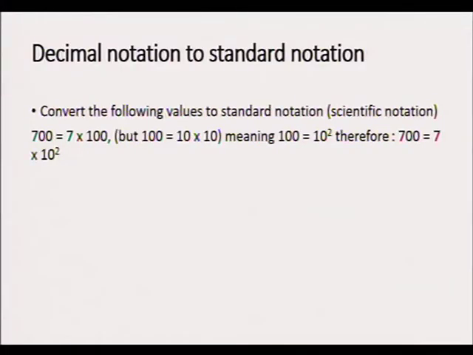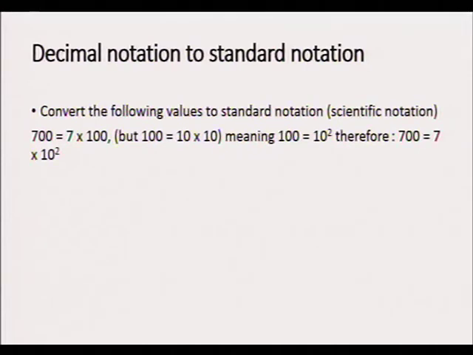Now let's look at the decimal notation or standard notation. Now, in the examination, they might ask you, for example, convert the following value to standard notation. Now we know that the standard notation is what we call the scientific notation. Now if they give you, for example, 700, then you know that 700 is 7 times 100.